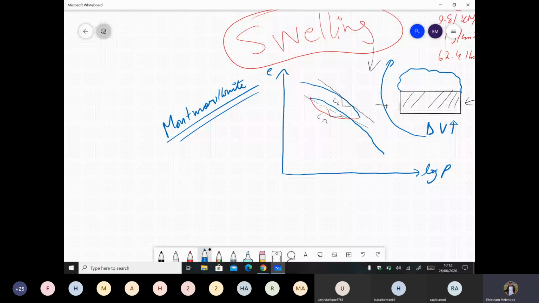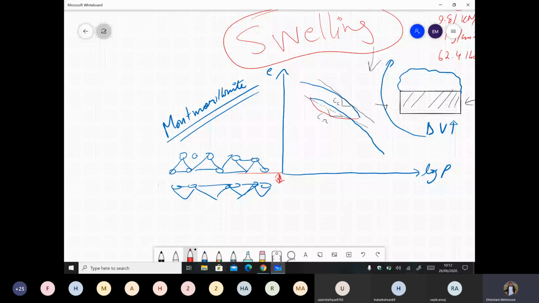Okay, so on a molecular level, what happens? This is generally the structure of maybe a montmorillonite. I'm just drawing it very crudely. So you see there is a little gap in the layer of the montmorillonite. So this is the gap. Can you see the gap with the red color? Yes, sir.